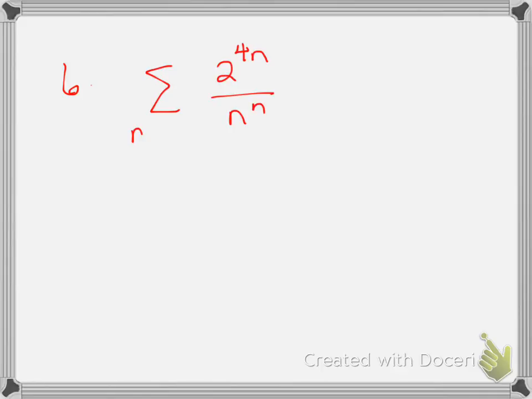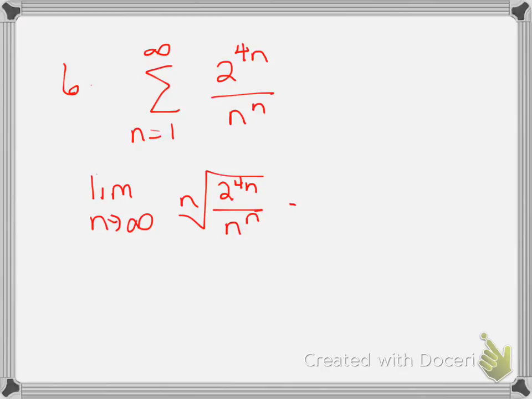And although this one is separated on top and bottom with the 4n and the n, it's still all raised to a power. So I'm going to take the limit as n approaches infinity. And I'm going to take the nth root of 2 to the 4n over n to the n.